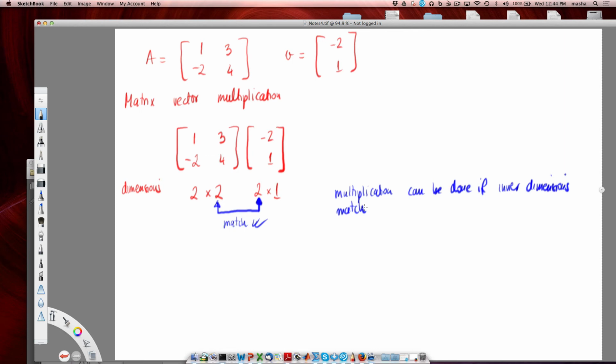So we now will try putting the vector first and swapping the order. Could I do 1 by 2 and 2 by 2? Yeah. Inner dimensions match. But if I had 2 by 1 first, no. In this particular case, these two don't match.